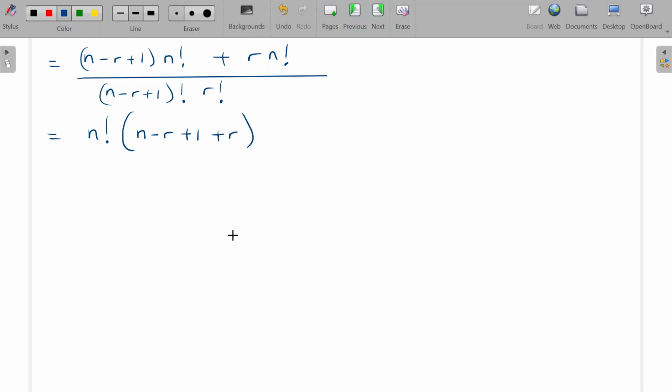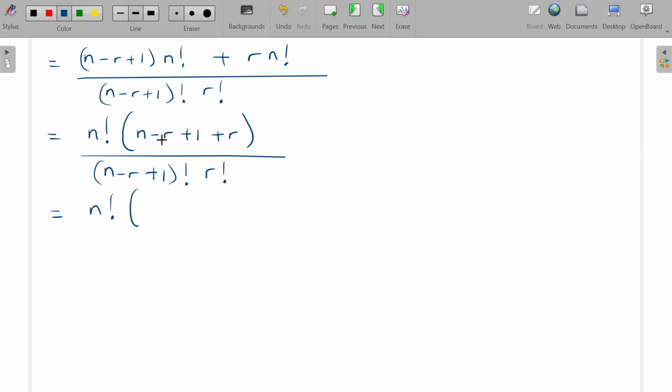That is what you're going to have on top. Then you say over n minus r plus 1 factorial r factorial.